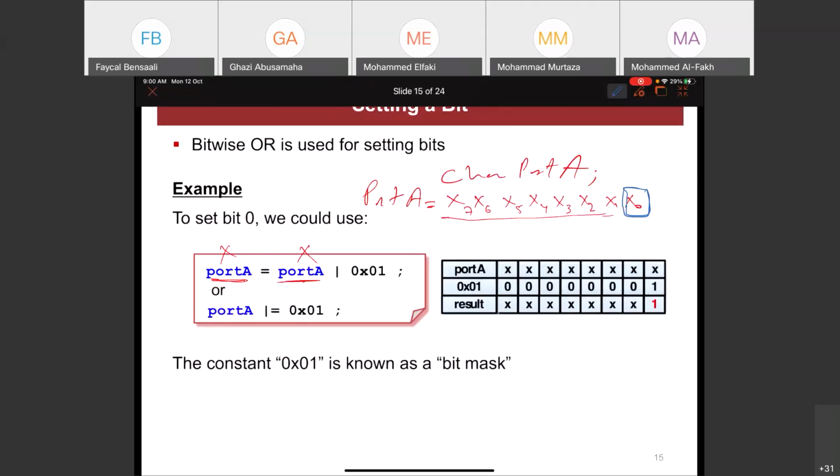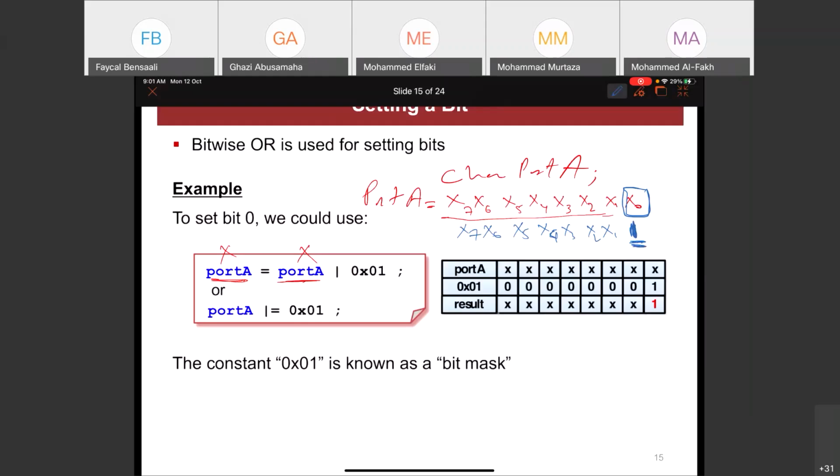So I want the result to be x1, x2, x3 unchanged. X1 could be 0 or 1, x2 could be 0 or 1. Those are variables. I'm getting the value of port A, I don't know what the value is, and I don't want to change them. But I want to just set this bit to 1. I want an answer like this: I want 1, so I have to make sure that the first bit is 1.